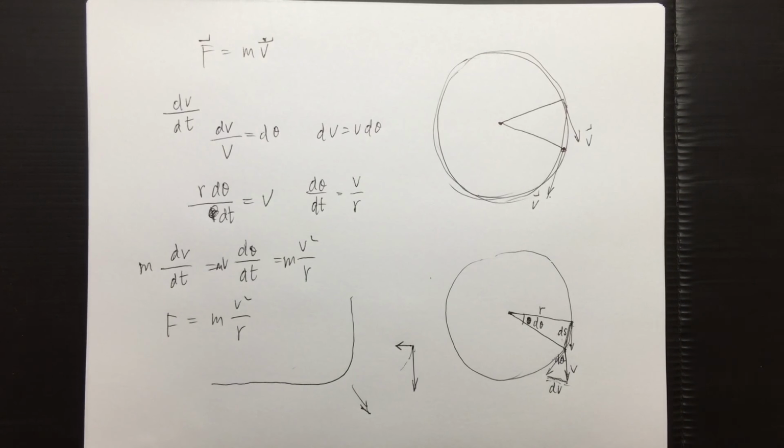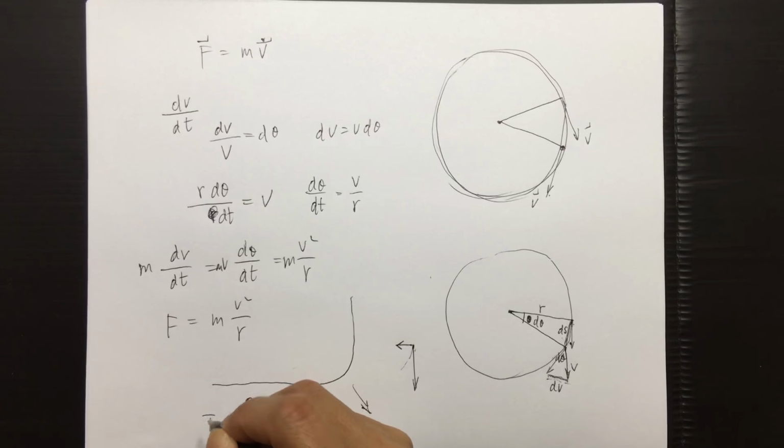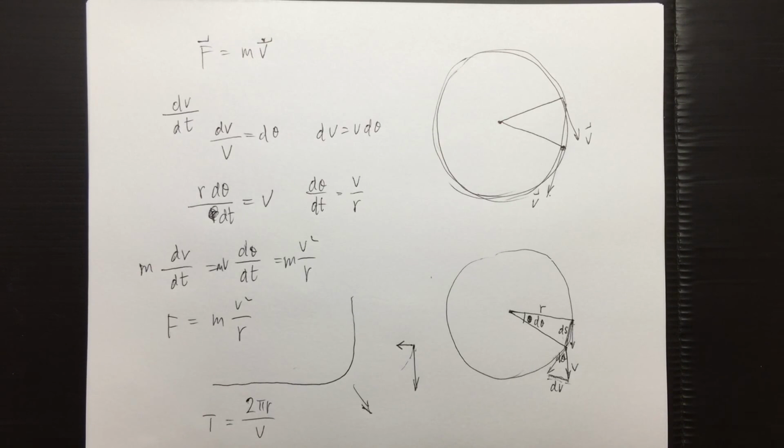You're traveling with a velocity v, and how long does it take for you to travel 2 pi r? 2 pi r divided by v. This is the time it takes for you to travel.